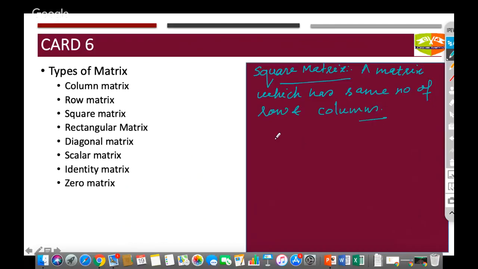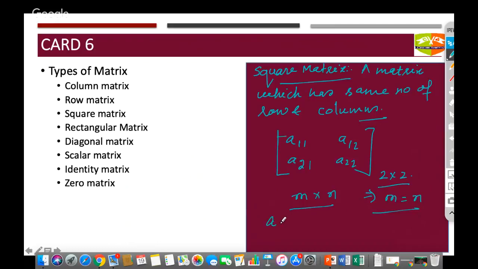What I'm trying to say is that you can make something like this: A11, A12, and A21 and A22. So this is a 2 into 2 matrix. In m into n, it becomes a square matrix when m becomes equal to n. So you can write that any matrix A is aij, m into n, where m is equal to n, that matrix becomes your square matrix.